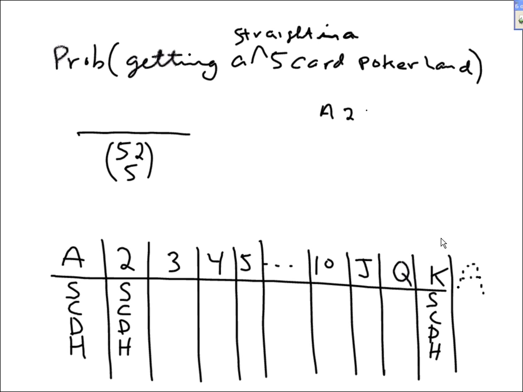Ace, 2, 3, 4, 5. Or 2, 3, 4, 5, 6. Or 3, 4, 5, 6, 7. All the way down to 9, 10, Jack, Queen, King.